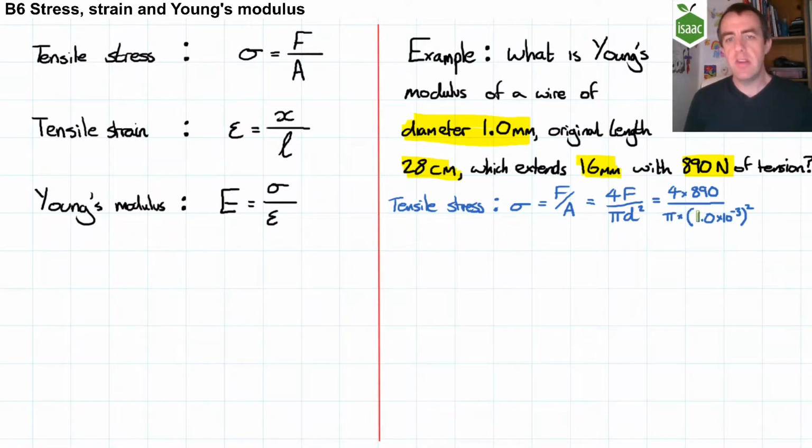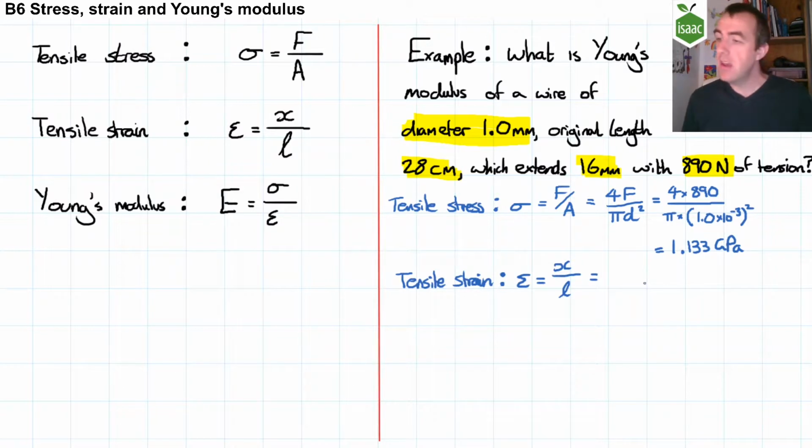So I have written 1.0 times 10 to the negative 3 as the diameter and then squared it. And that gives me 1.133 gigapascals.